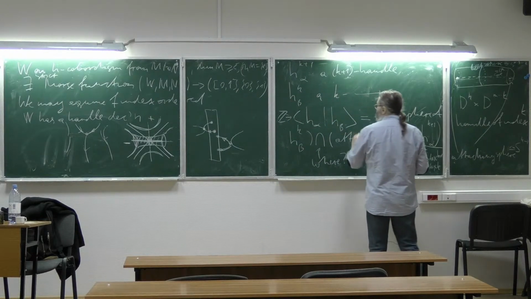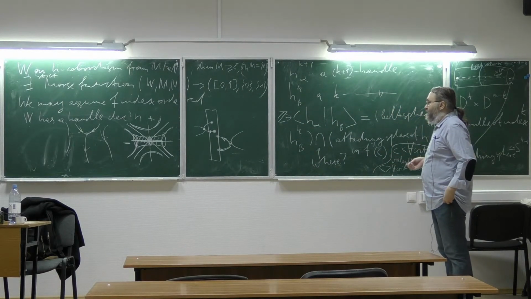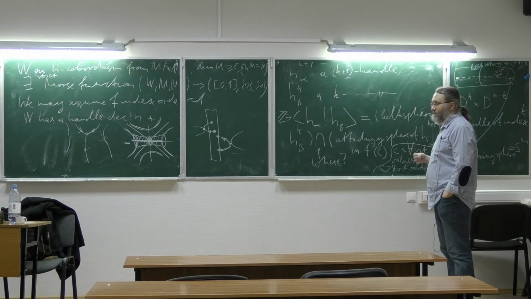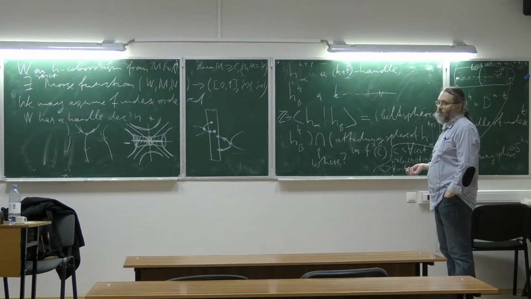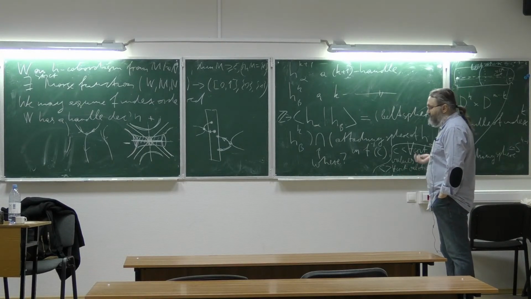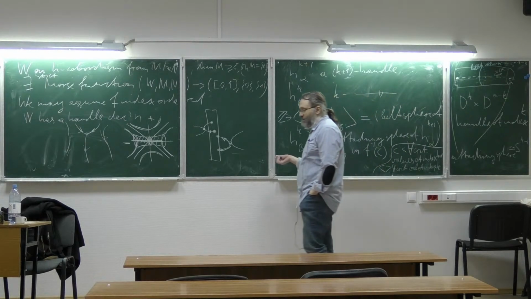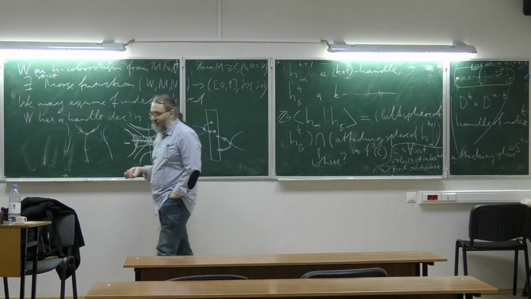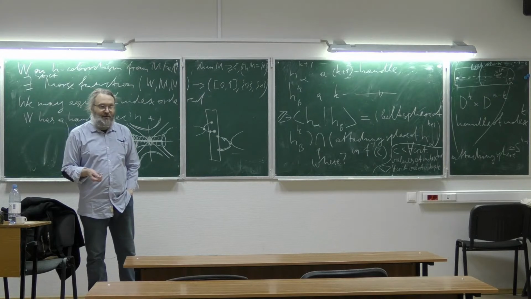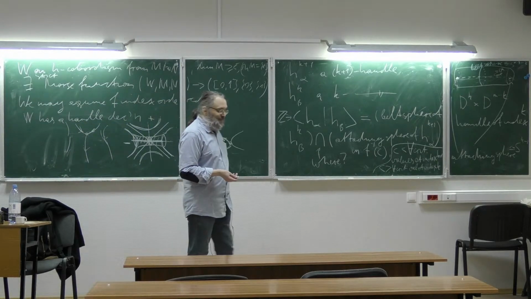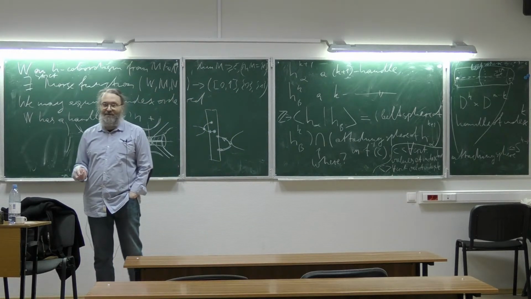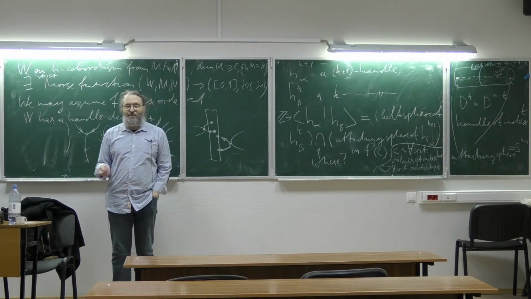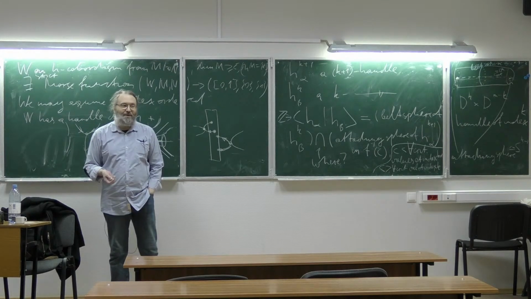Now, what's the use of this? Trajectories are something complicated. Intersection indices are something much simpler. Trajectories are solutions of differential equations. The only thing I remember from differential equations is that there is no point in trying to solve differential equations.